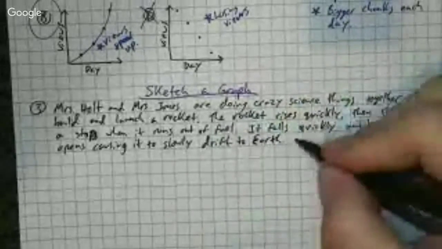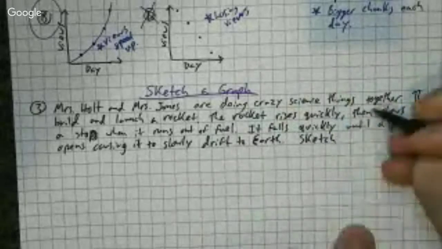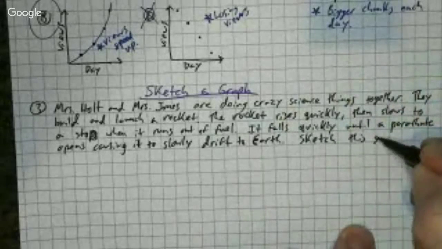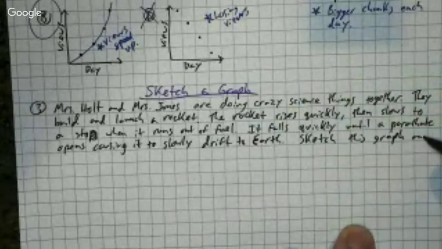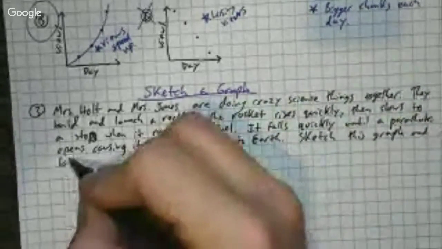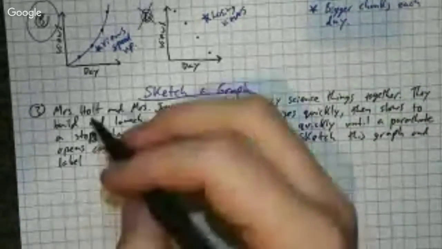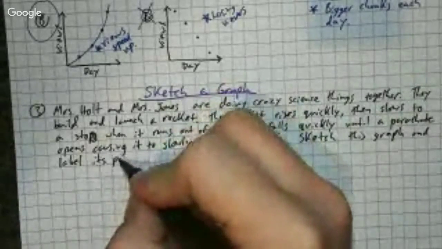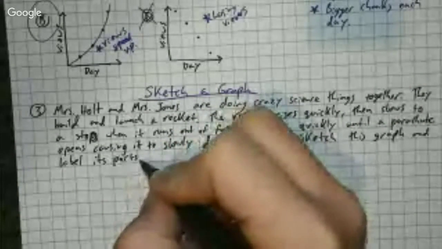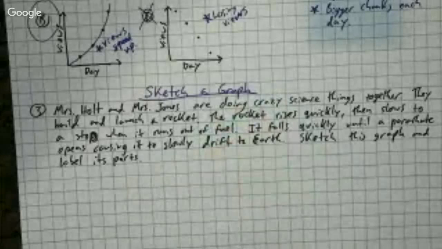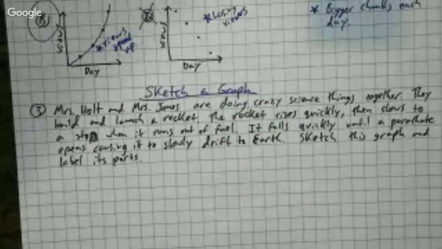Sketch this graph and label its parts. Okay, so that is our situation. Now, that's all we're going to get.